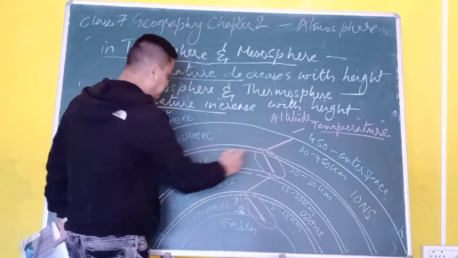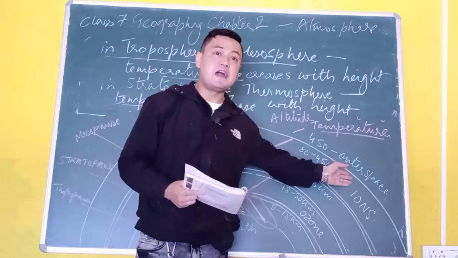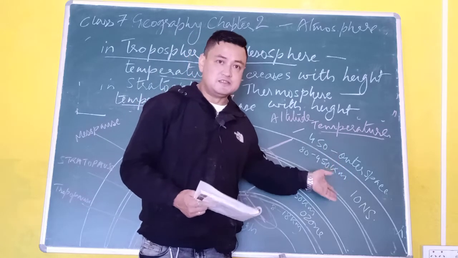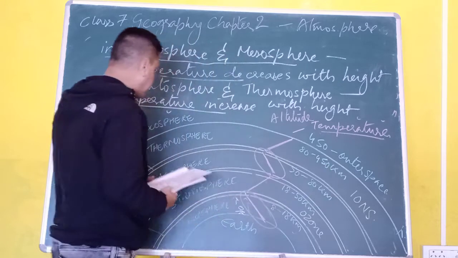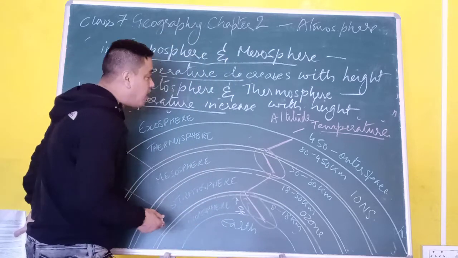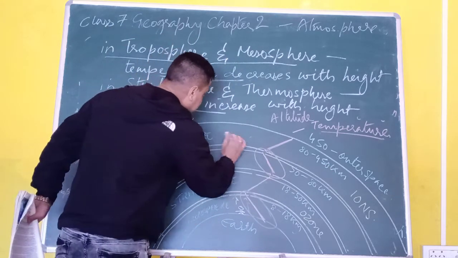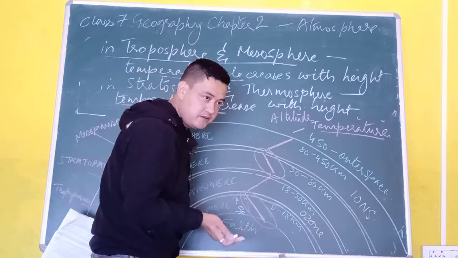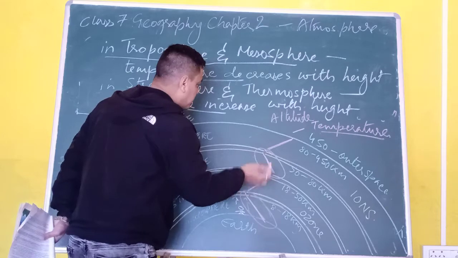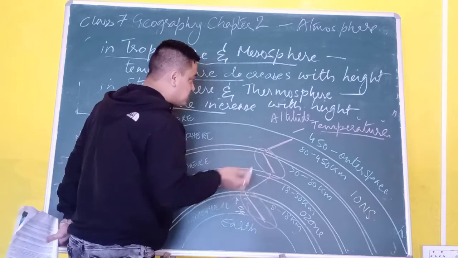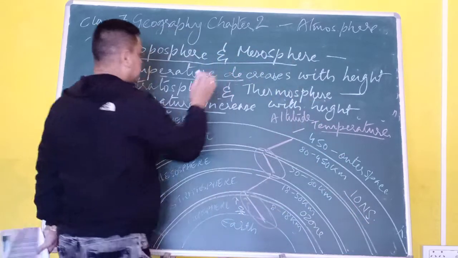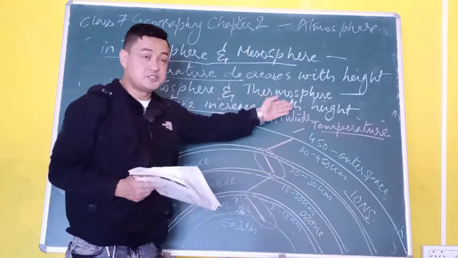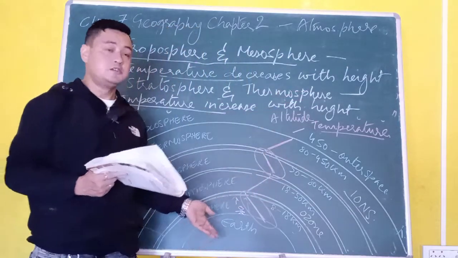What about the thermosphere? The thermosphere is made up of ions, electrically charged particles, electrons or ions, and it is the hottest layer. Ions increase the temperature of that layer. So temperature increases in the thermosphere as well as in the stratosphere.